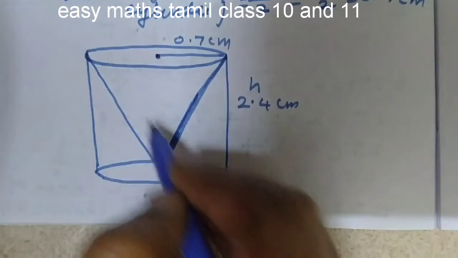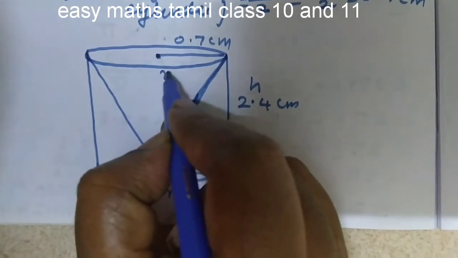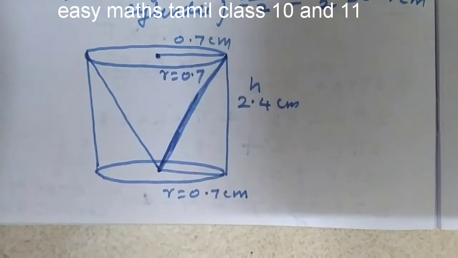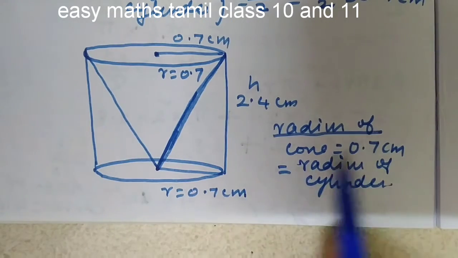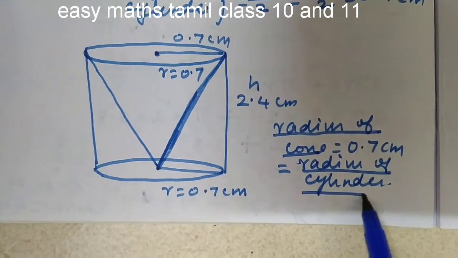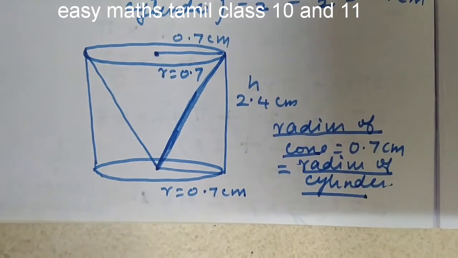Radius of the conical part is also 0.7. Radius of the cone equal to radius of the cylinder and its value is 0.7 centimeter.